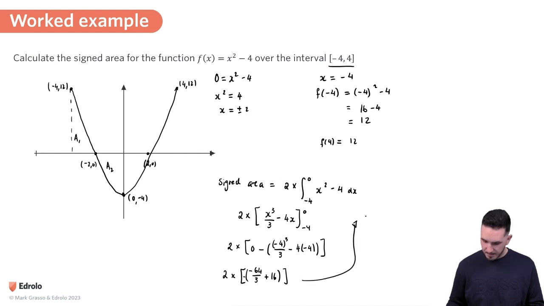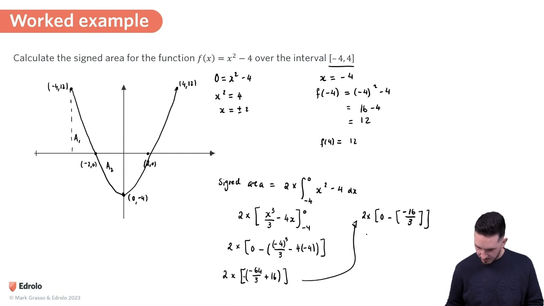Now we have 2 times, so 0 minus that is going to become 0 minus -64 on 3. We can't simplify that. However, whenever we add fractions, we want the same denominator. So multiply 16 by 3, so we're going to have 48. So -64 plus 48 gives us -16 on 3.